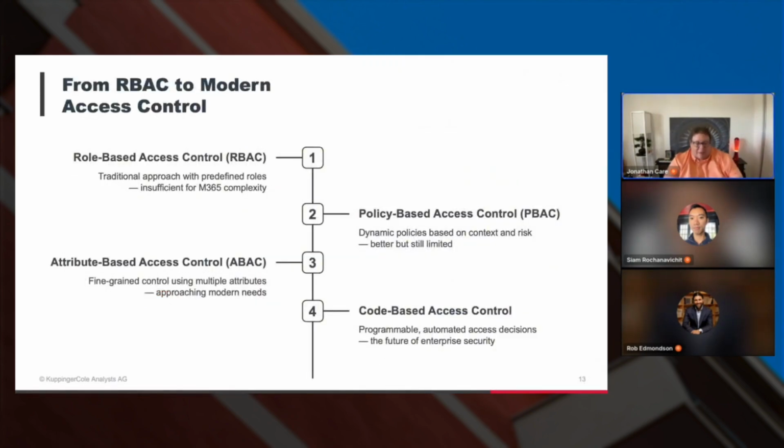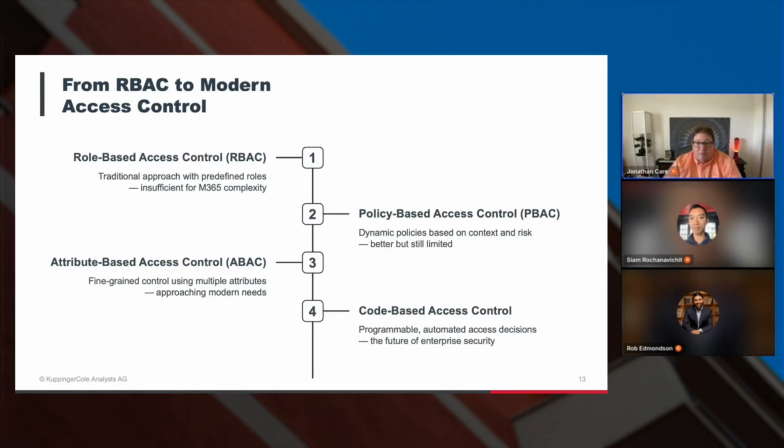Let's talk about RBAC. My friend and colleague Martin points out quite rightly that RBAC is a traditional approach, and we're evolving beyond that now. One of the reasons we're evolving beyond that is it's insufficient for the complexity of Microsoft 365. We're starting to see PBAC, policy-based access control, which uses dynamic policies based on content and risk.